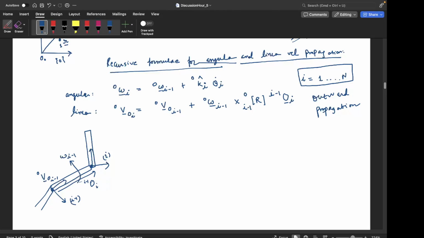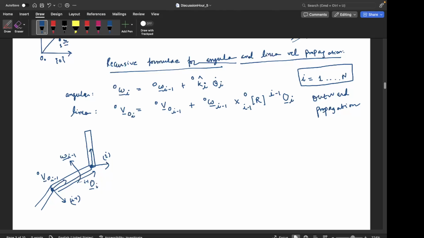So now if you sit at this I minus 1th joint, and you see the ith joint, you see that the ith joint is rotating. It is at a distance of this from you, and it's rotating with this angular velocity, right? Since there are no prismatic joints and it's a rigid link, the distance between these two is not changing, right?